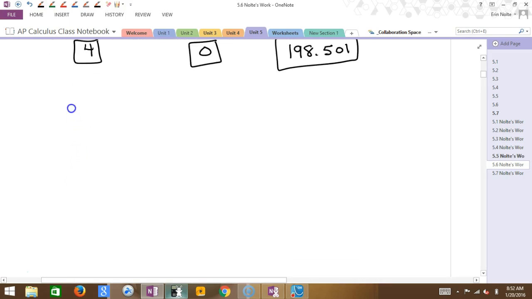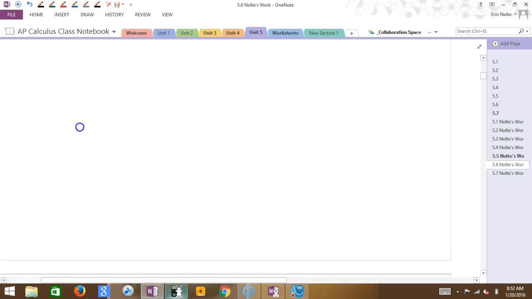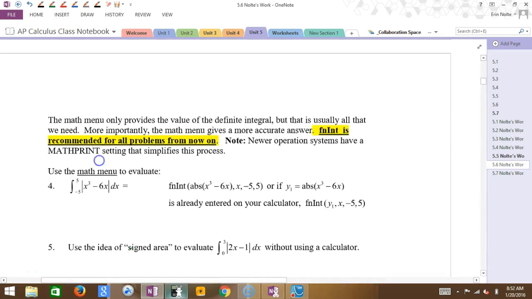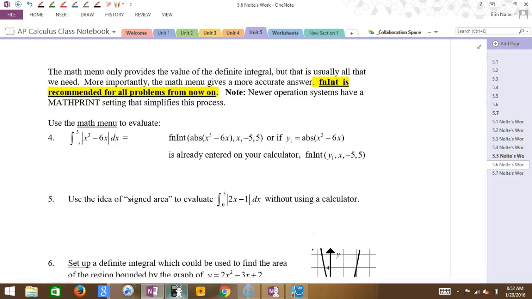Maybe because you did zoom in. That's possible. Okay, yeah. That worked? All right. So that's how you find integrals on the 84.